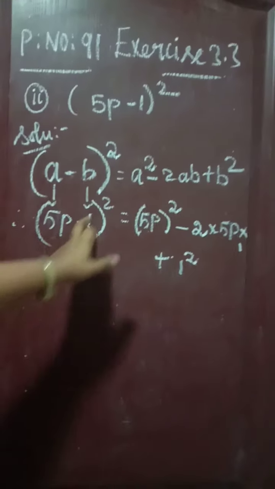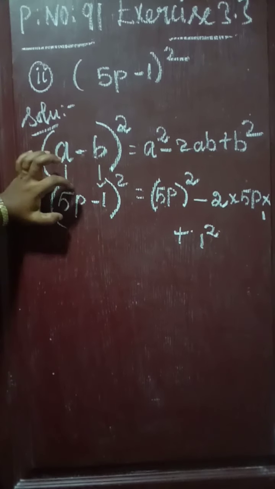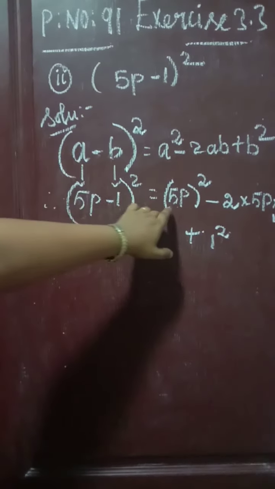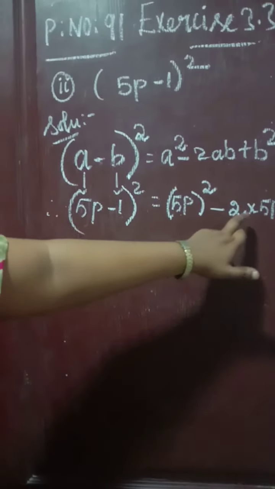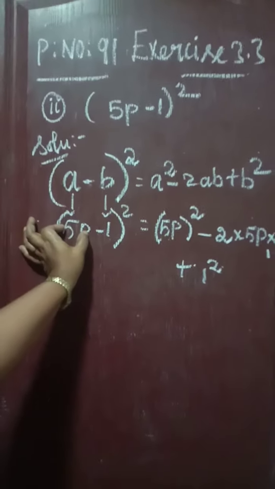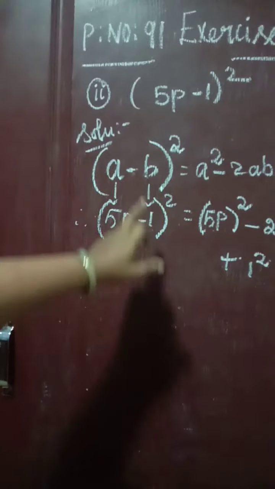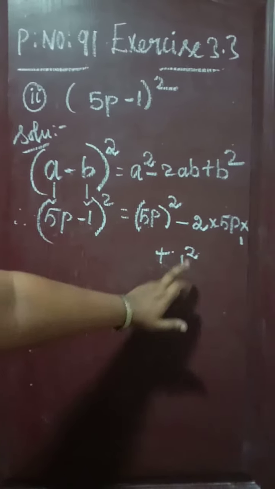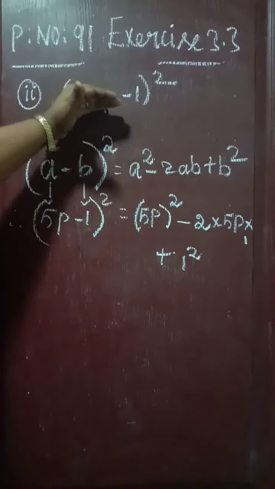So 5p minus 1 the whole square is equal to 5p the whole square minus 2 into 5p into 1 plus 1 square.